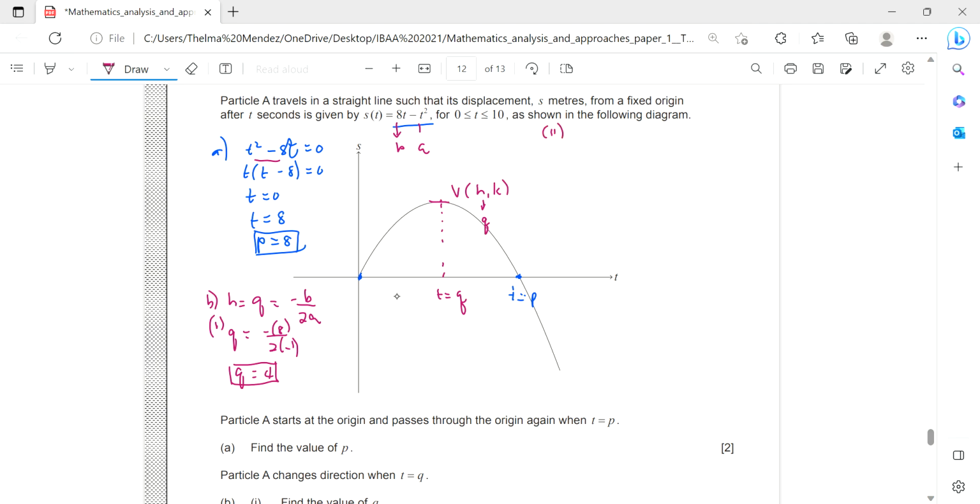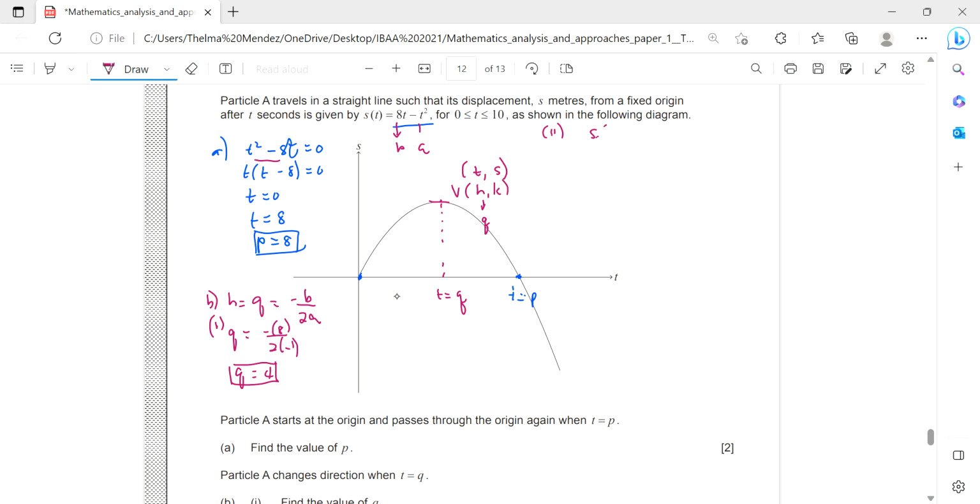For part 2, we need to find the displacement. So we know that at the vertex, your h or the x value represents the time, and the y value represents the distance or the displacement.